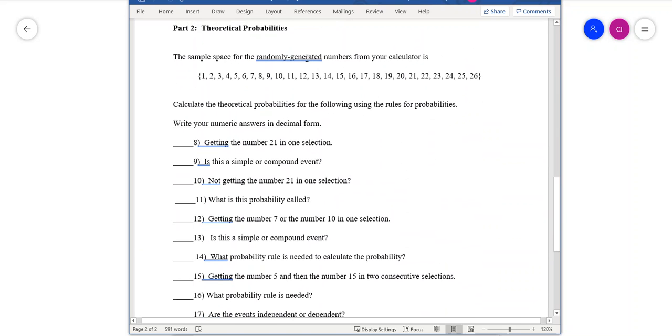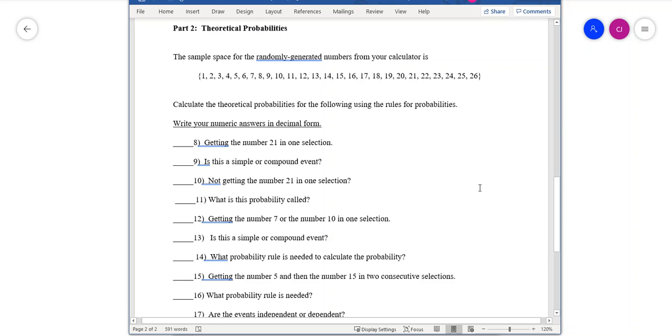What we're trying to justify with this activity is that we can go out and collect samples and get very, very accurate answers to a lot of problems. But the key is randomly generated. We have to randomly generate.